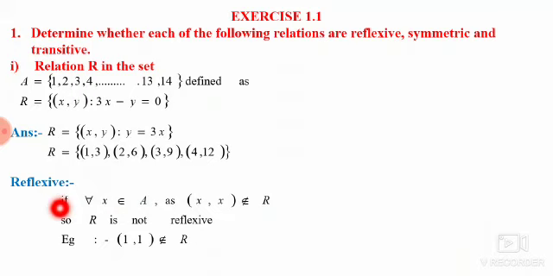Here I have taken the definition: if for all x belonging to A, (x, x) must be there in R. But here, dear students, we do not have all the elements of A. We do not have the ordered pairs like (1, 1), (2, 2), (3, 3), (4, 4), and so on, (13, 13) and (14, 14).